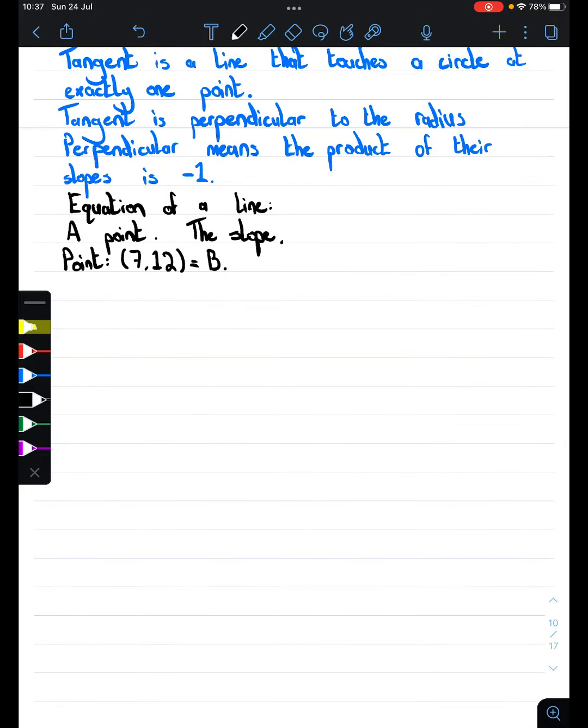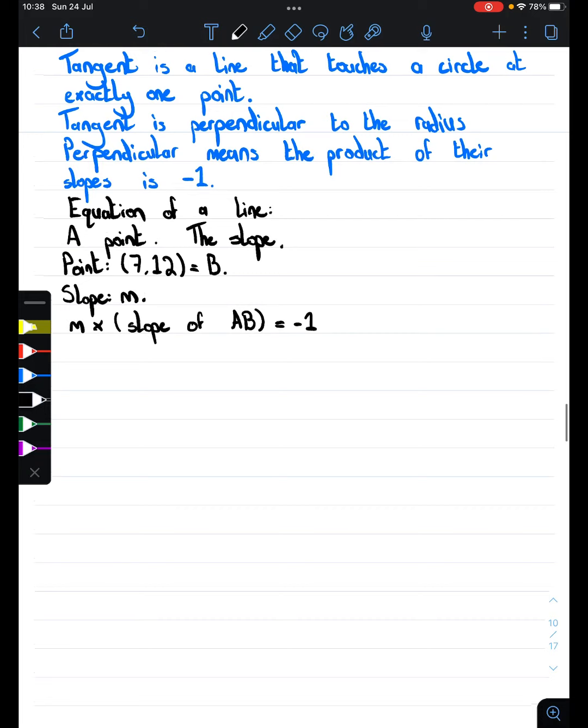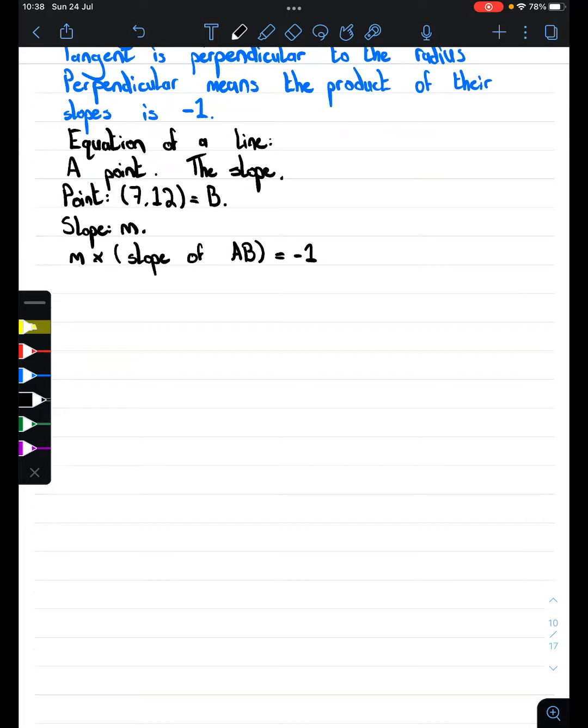Well, we know that the product of this slope, so let's say the slope is m, we know that m times the slope of AB equals -1. Well, what is the slope of AB? There's a lot of things to do here, but none of it is that difficult. All right, so let's try and find the slope of AB.